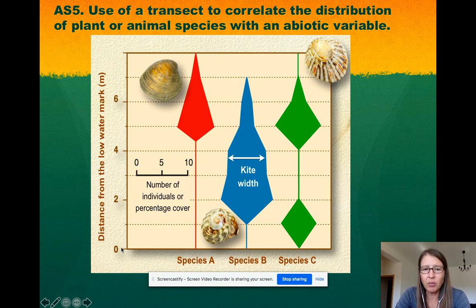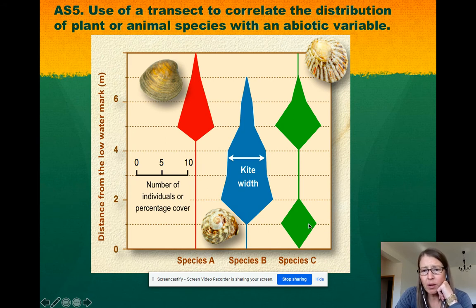So right here is probably going to be basically covered in water all the time because this is lowest tide. But then when you get to the higher tide, it's going to be less and less water. So if you were to run a transect, and every meter you would take a measurement of the density, you'd obviously run multiple transects and count the number and get the density at each distance, then you could see for these three species how many of them are found.